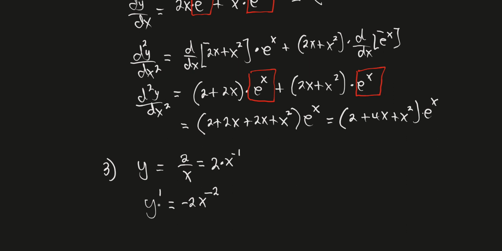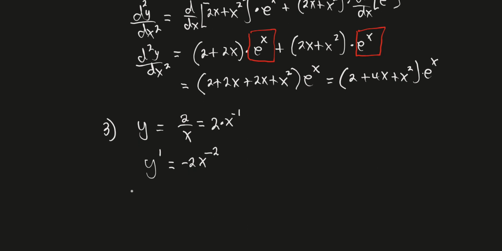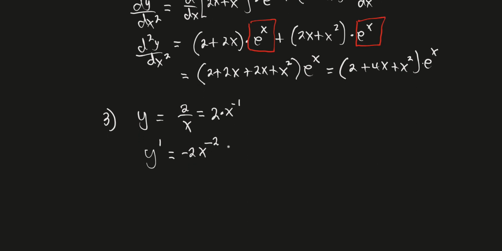But since we're going to continue the differentiation process, I'm going to leave it with that negative exponent, and that way the power rule will continue to apply. So again, I can use my power rule over and over. So here is the second derivative, right? So negative 2, bring down the other negative 2, that makes a positive 4, and then subtract 1 from the exponent.